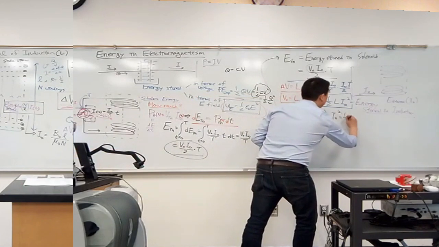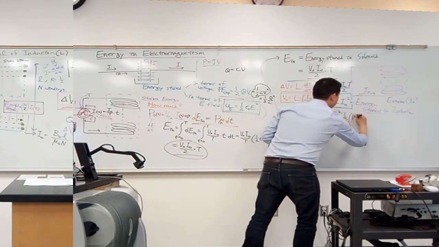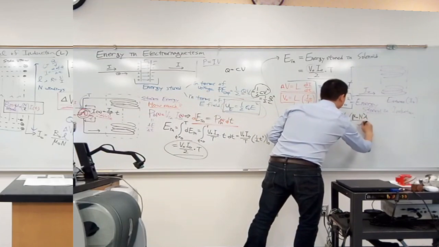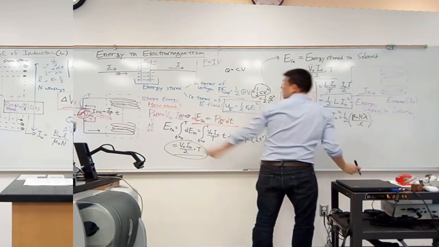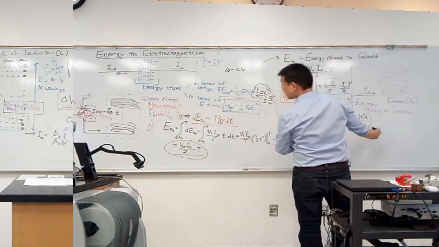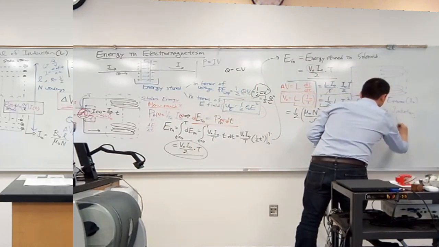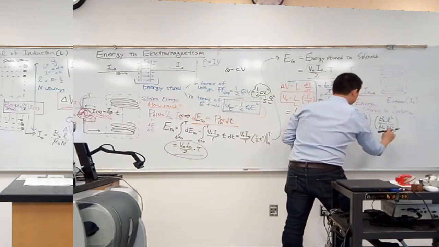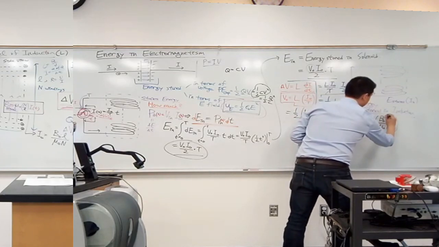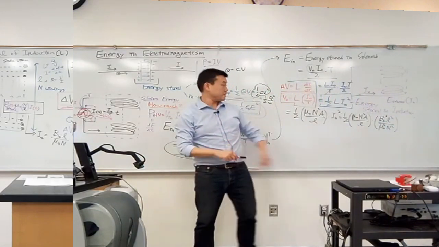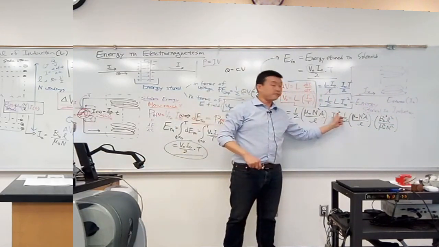So this is equal to 1/2 mu naught n squared A over L times all of that squared. So B naught L squared over mu naught n squared. Sorry, I have to square each one of these. Good. This is the current squared.